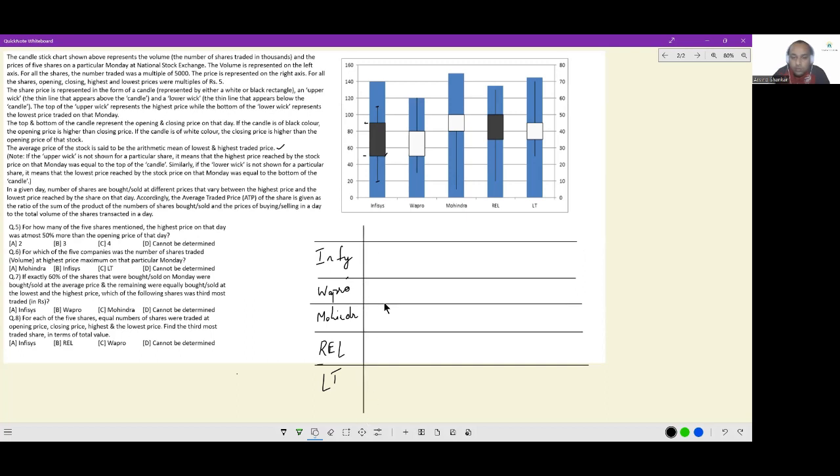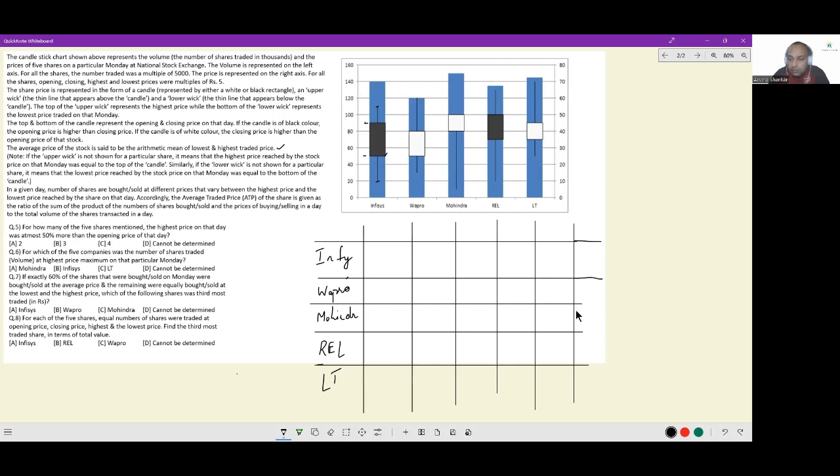First thing I know is volume, the traded volume, the number of shares they're trading. Then I can go high and low. Then I can also go opening and closing. I can also go the average traded price, the last thing, average price.